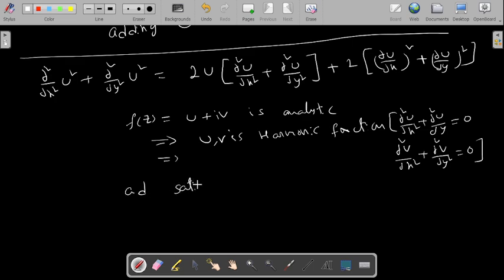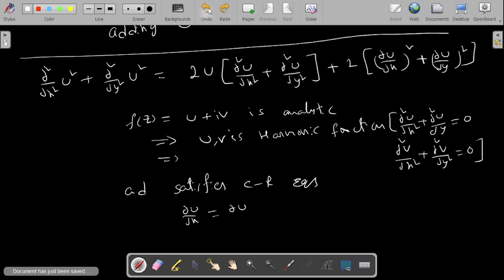And it satisfies the CR equations. So what is the CR equation? ∂u/∂x equals ∂v/∂y, and ∂u/∂y equals minus ∂v/∂x.